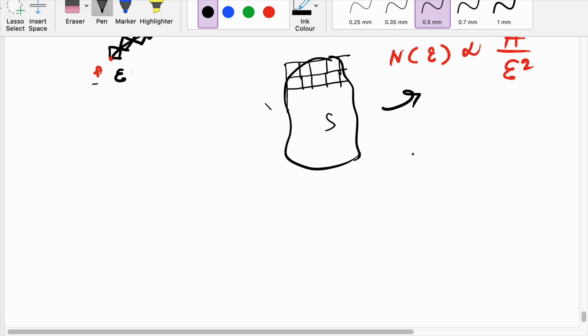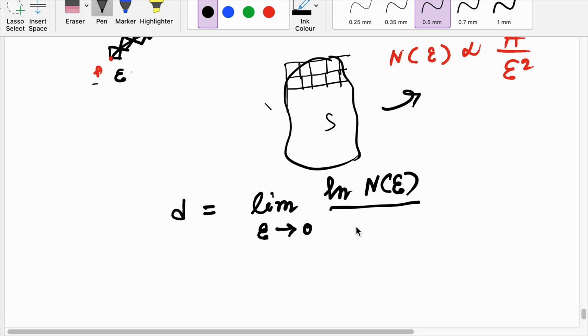So from this we can define the dimension. Dimension D will be the limit as epsilon tends to 0 of ln N(epsilon) by ln 1 by epsilon.